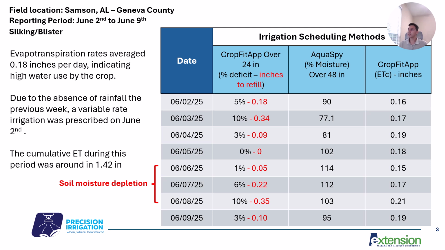But the interesting thing that we have to notice is that in the previous slide, I mentioned that from June 5th to June 8th, we reported high temperatures and the absence of rainfall, or minimal rainfall events. And we can notice how quickly the deficit or the soil moisture depletion increases. And this is a good indicator that we need to use these different irrigation tools to have the best irrigation practices.